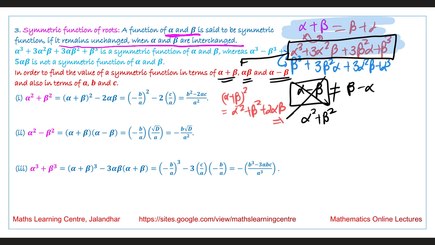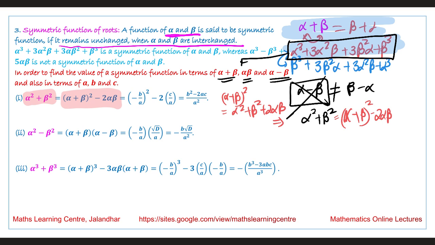So this implies that alpha square plus beta square is alpha plus beta whole square minus 2 alpha beta. This is our first result.